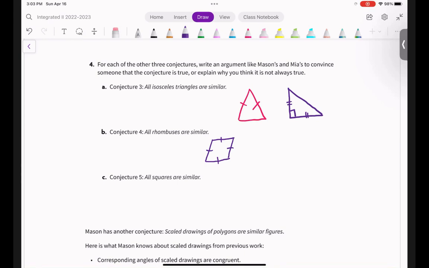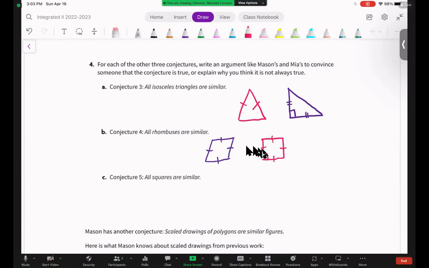And the answer is no. Because look at, here's one and then here's a square. No matter what I do, I can't get this one to be on top of this one and be the same. Even if these lengths are the same here, right? Because these angles aren't.